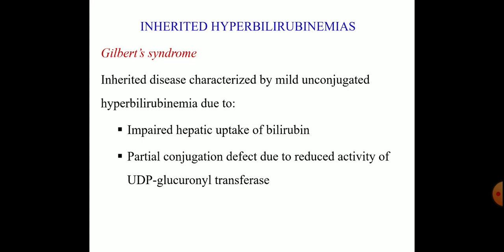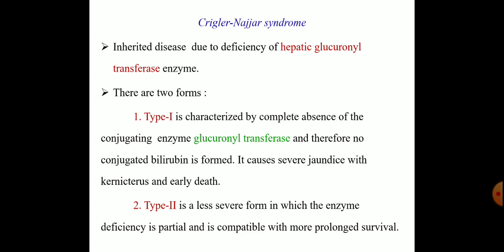Then inherited hyperbilirubinemias. Gilbert syndrome is an inherited disease characterized by mild unconjugated hyperbilirubinemia, which is due to impaired hepatic uptake of bilirubin and a partial conjugation defect due to reduced activity of UDP glucuronide transferase. Then Crigler-Najjar syndrome is also an inherited disease due to the deficiency of the hepatic glucuronide transferase enzyme.